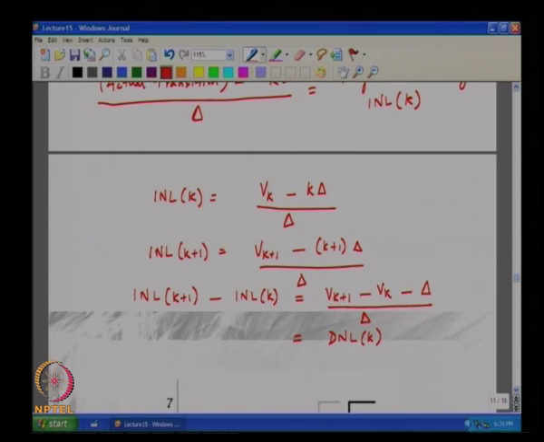You know the INL is giving information about the kth transition, right, and the DNL is nothing but the difference between the k plus 1th and k transition. So, it makes sense that if you find the successive difference of the INL, you can get the DNL and vice versa.